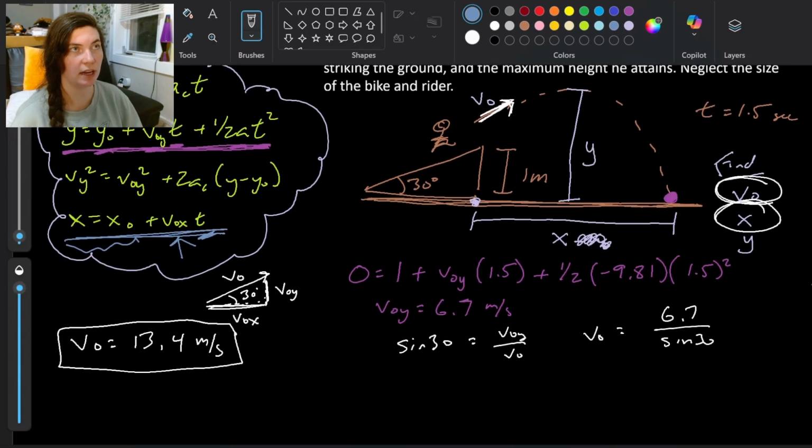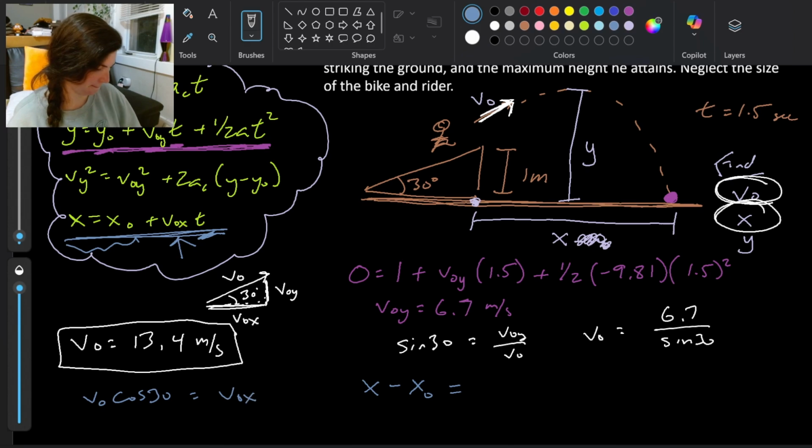It's the only equation I have to do with x's, so it's really the only way to find your distance. So x minus x naught, that's our total distance traveled, is going to be V naught x. We said this is going to be V naught cosine 30.